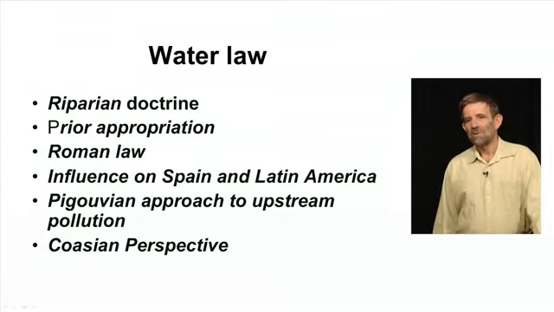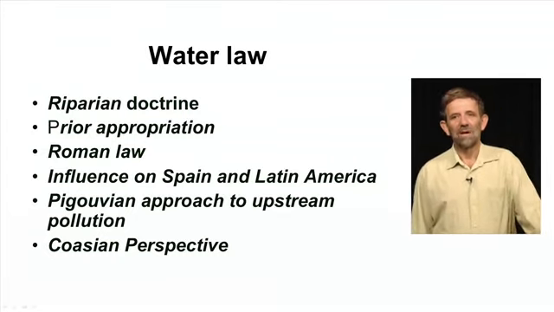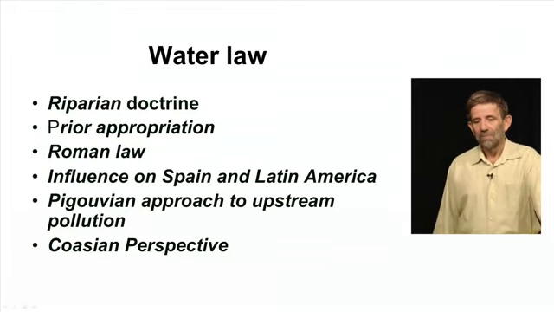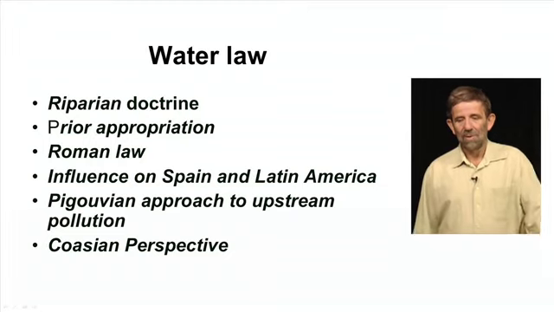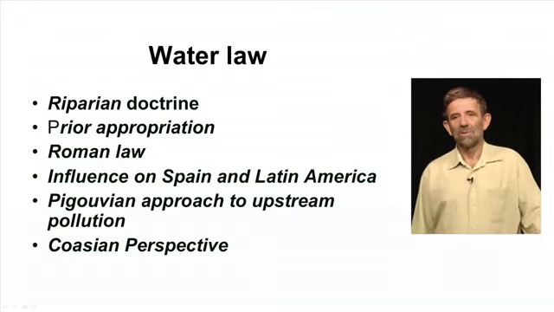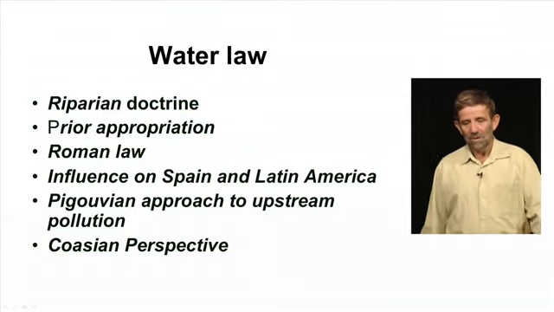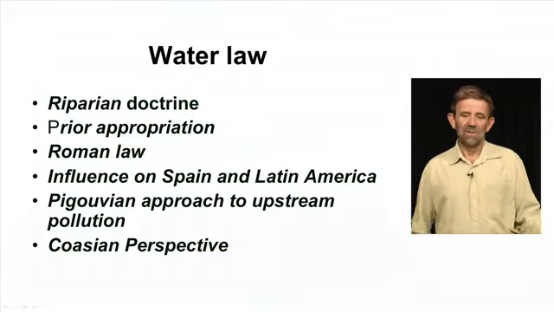Prior appropriation is a completely different concept and actually comes largely from California, where there were no strong landowners anyway, and the first people to use water were the miners who set up gold camps. And they would stake a claim. It had to be a publicly deposited claim.